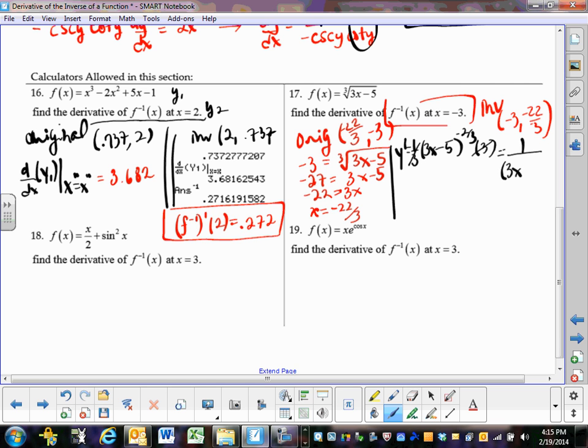So that means that the original slope was 3.682, and the reciprocal slope, so the inverse derivative at 2 is 0.272.